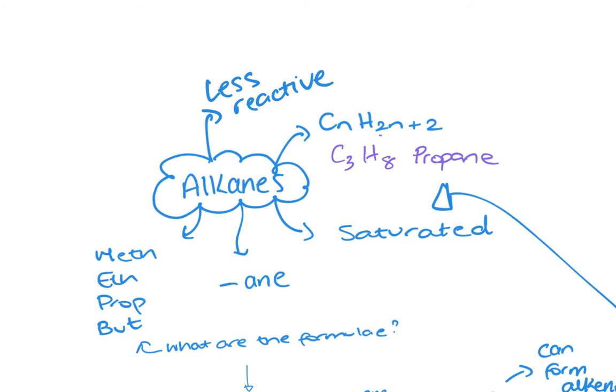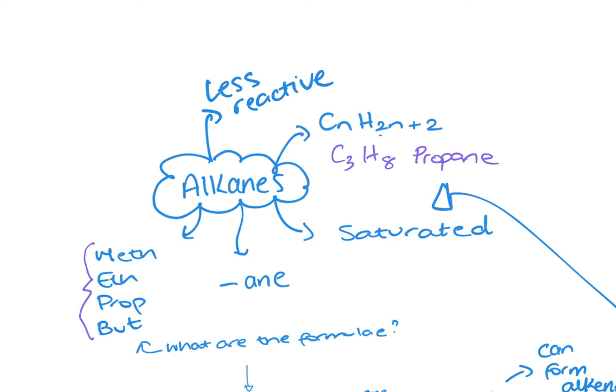Now you need to also understand how to name alkanes. And down the bottom here, you can see these prefixes: meth, eth, prop, and but. Now these 4 all are your prefixes in your alkane that you need to know. You will not be asked to recall the names of any larger than that. However, they tend to go in the same pattern as the naming of shapes, so it becomes a little easier anyway.